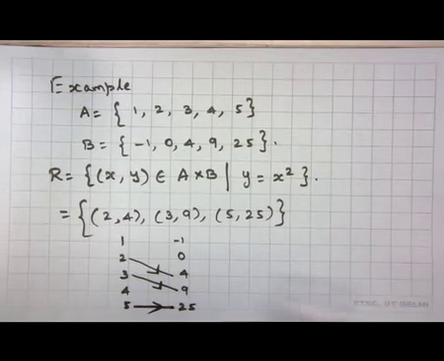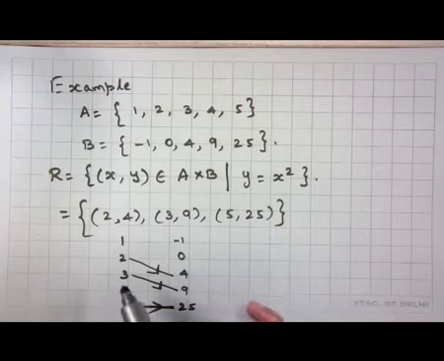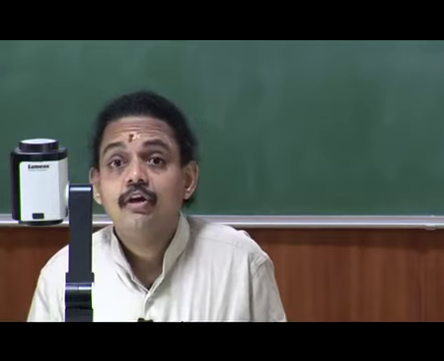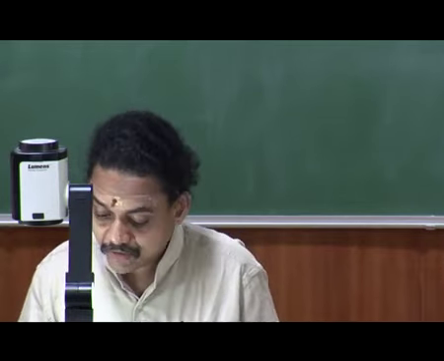Now, if you look at this one, only very few elements of A are mapped to few elements of B, and so not all elements of A are mapped to all elements of B. So, few elements of A are left out, and similarly few elements of B are also left out.